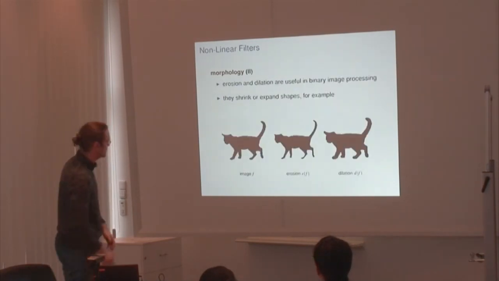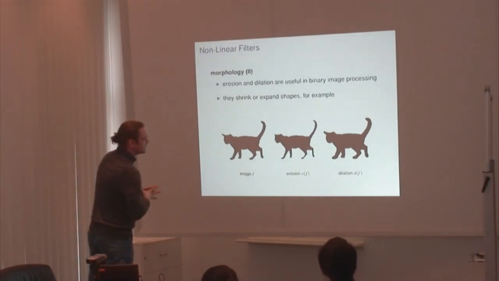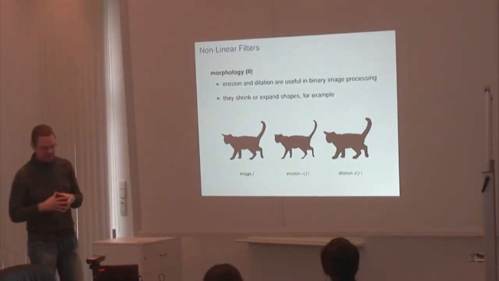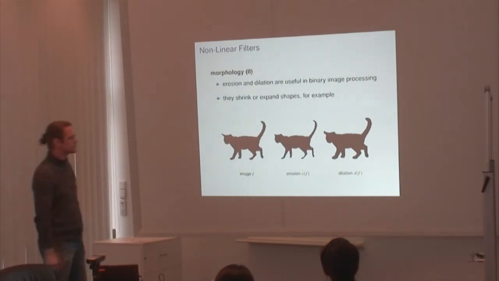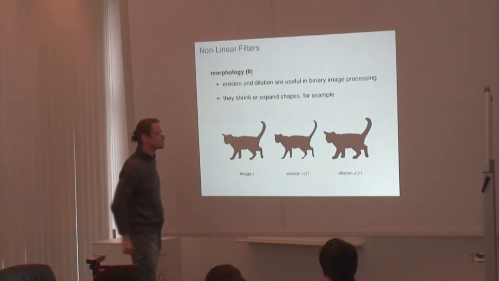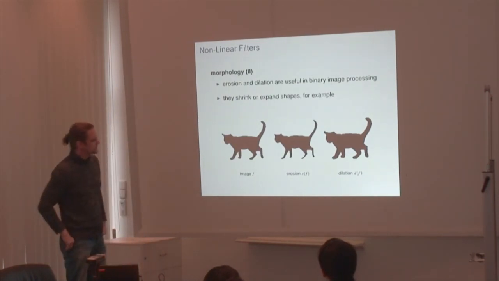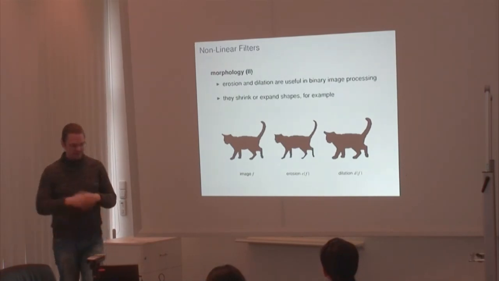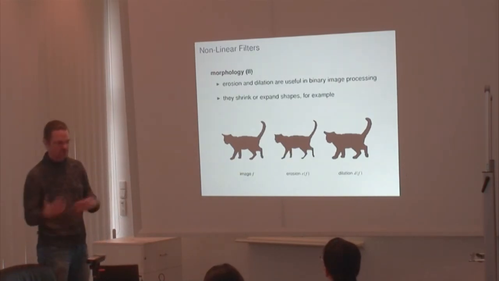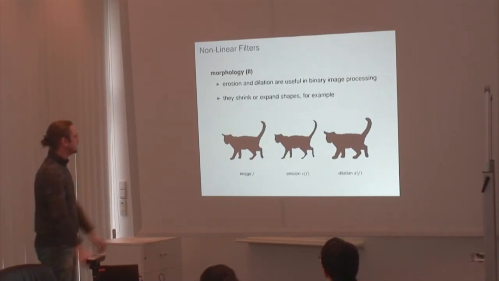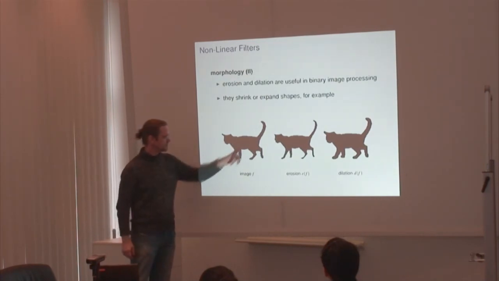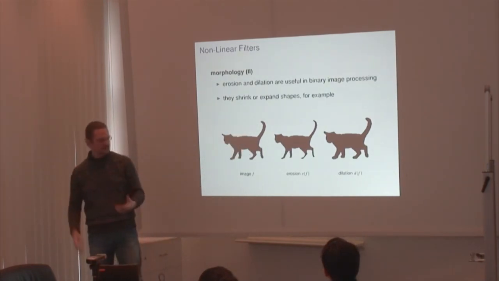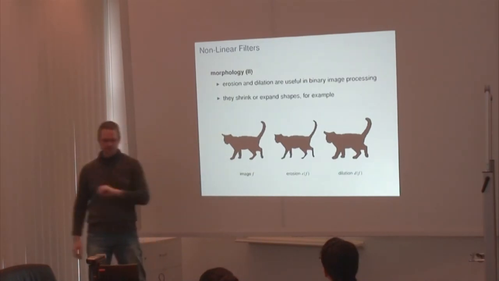And here is what those do. This is typically of considerable importance in binary image processing. Here is a binary image. A binary image is thought to be something where pixels have values of 0 and 1 only, binary. And in this visualization, I do assume that the black pixels are those of value 1 and the white background pixels are those of value 0.